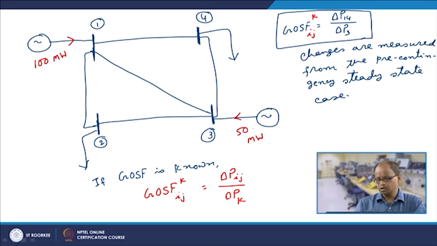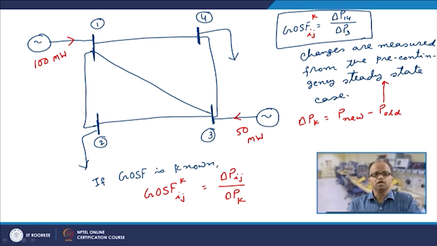This generator would not give any power. Any delta P k is given by P new minus P old, where P old is the initial steady state value.